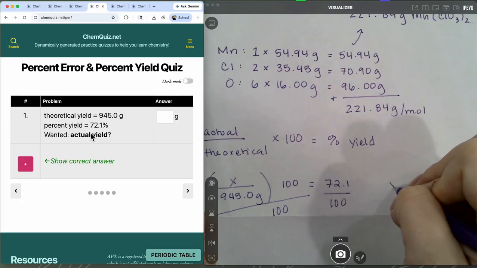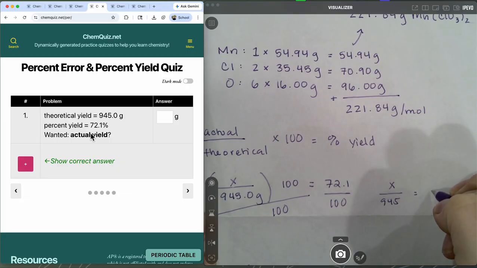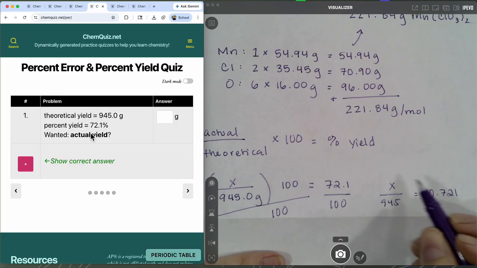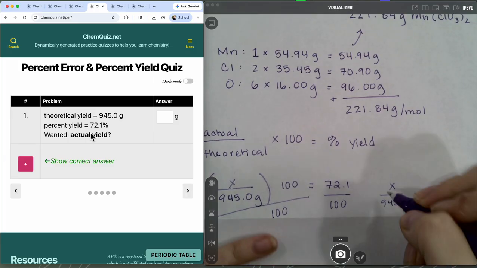Then we're going to get x over 945 is equal to 0.721. Now what? Then we're just left with 945. We haven't gotten rid of that yet. Very nice.